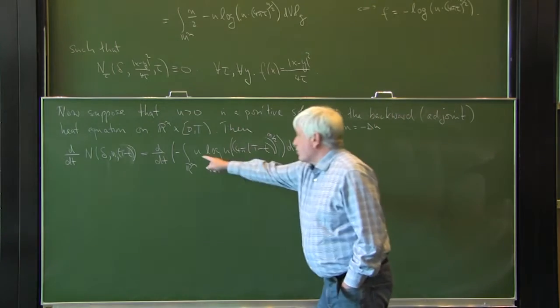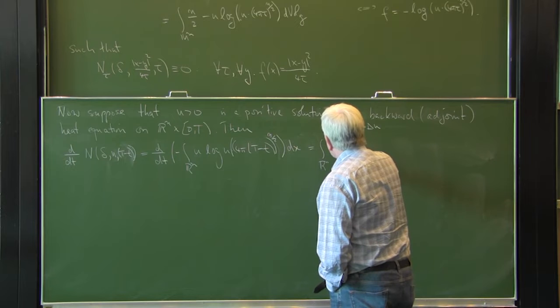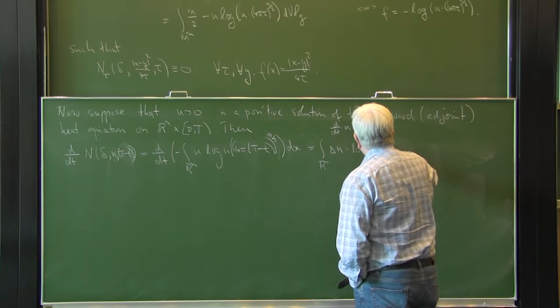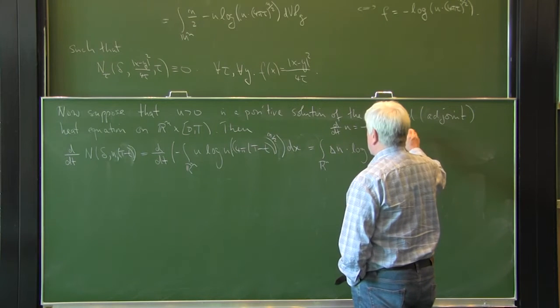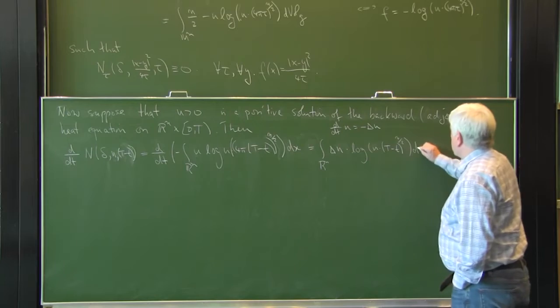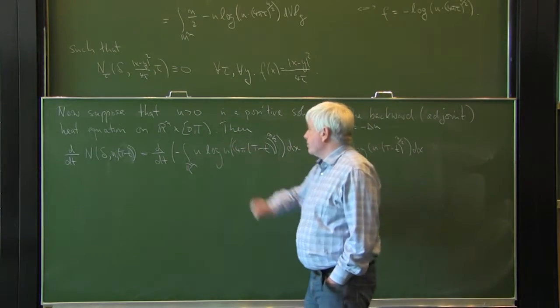Then we get from here one term over Rn, which is plus Laplacian of u times the logarithm of the rescaled u, dx.